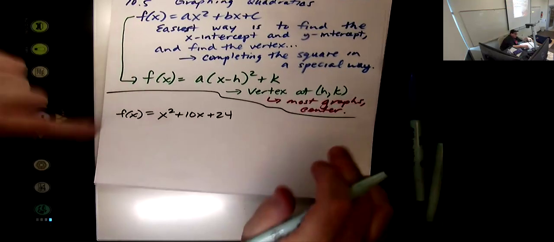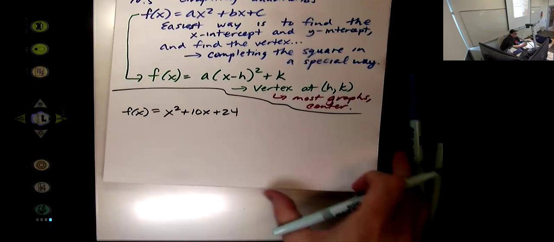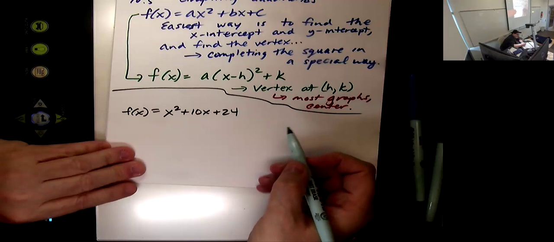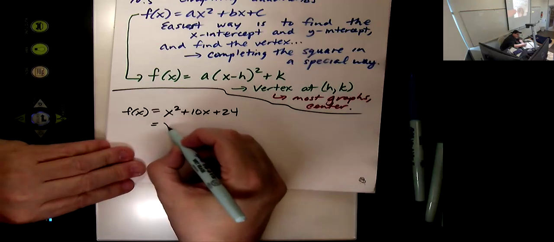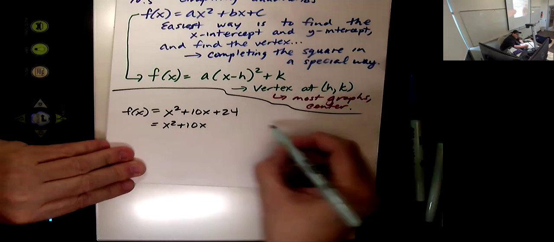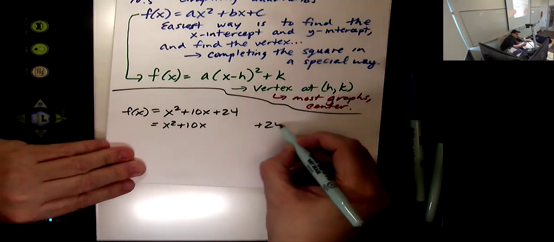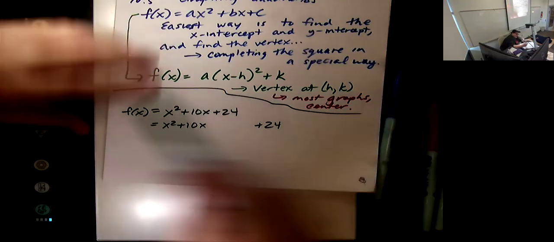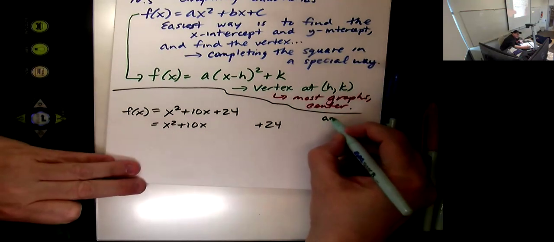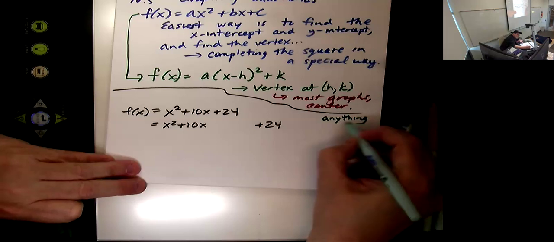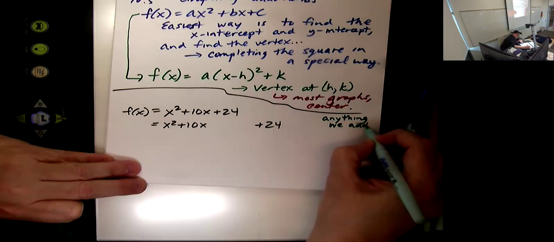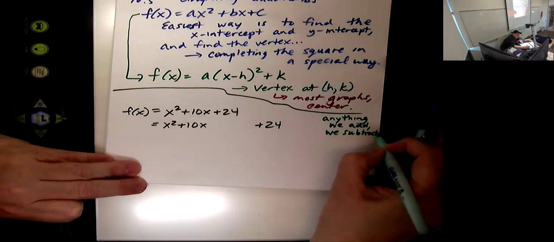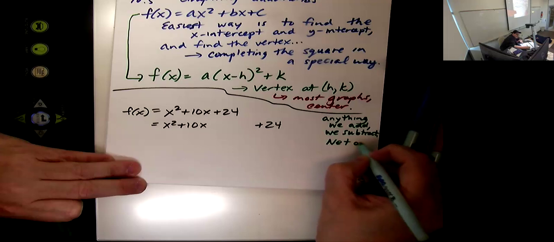How this differs a little bit from completing the square is that in completing the square, we move the 24 to the other side. Here, we're not going to do that. We're just going to make some space and put it to the side. And then anything we add on this side, we're going to subtract, that way there's a net of 0.